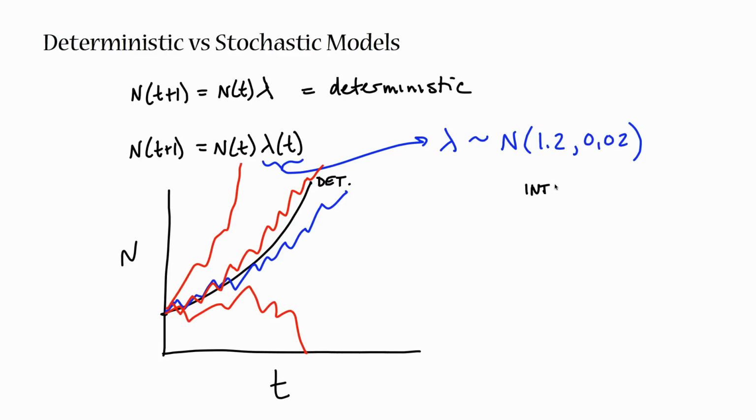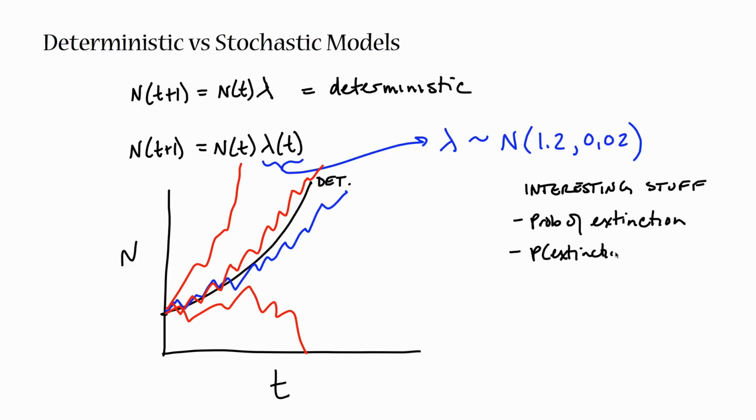Like, what's the probability of extinction in a population with these growth parameters? Or what's the probability of extinction in the next 100 years, before the year 2100? Or what's the probability that n is going to be greater than 1 million by the year 2100?